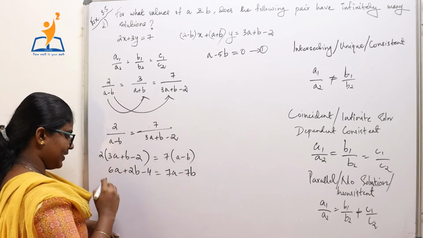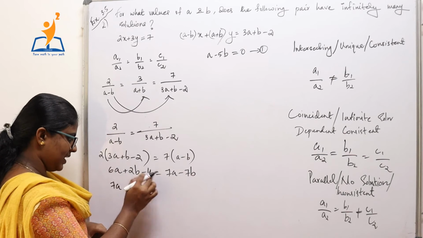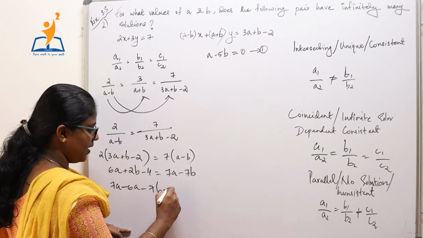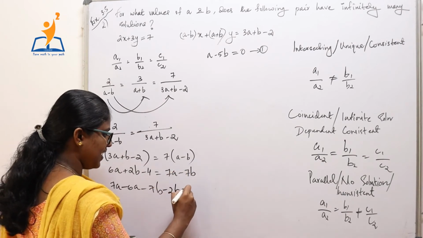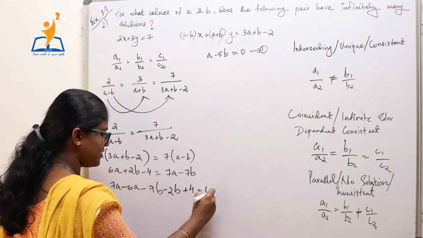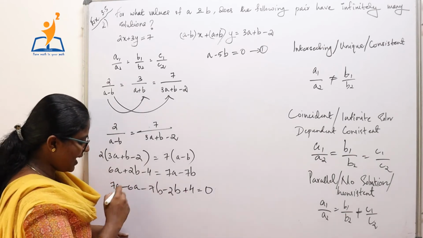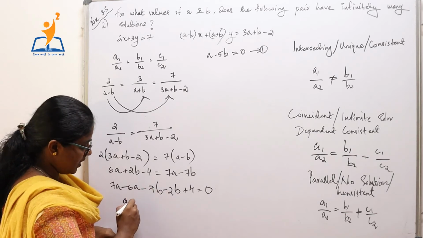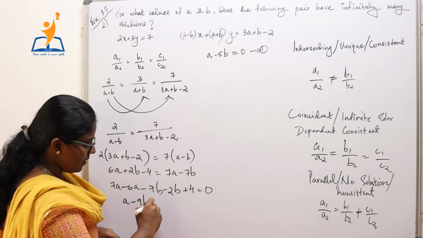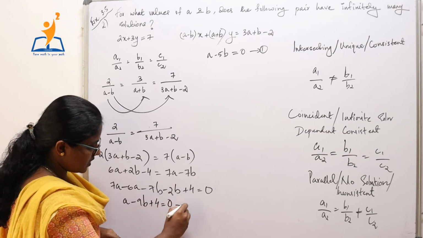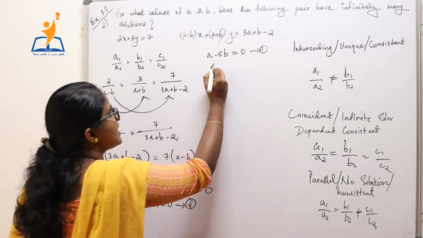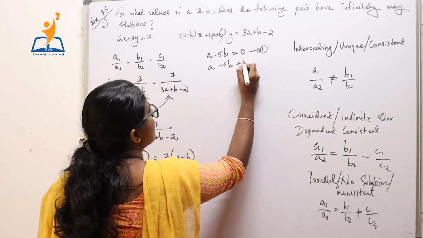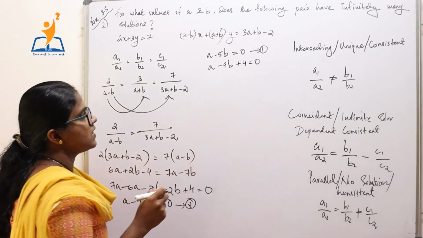So we will take all the terms to that side, that is 7a minus 6a minus 7b minus 2b minus 4 to this side will become plus 4 equals to 0. 7a minus 6a is simply a, minus 7b minus 2b is minus 9b plus 4 equals to 0. This is our equation number 2, that is a minus 9b plus 4 equals to 0.